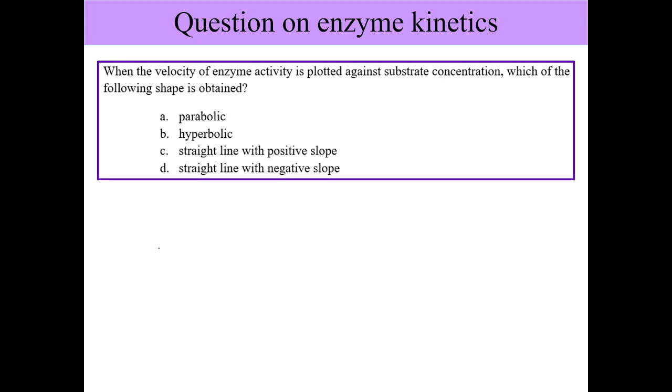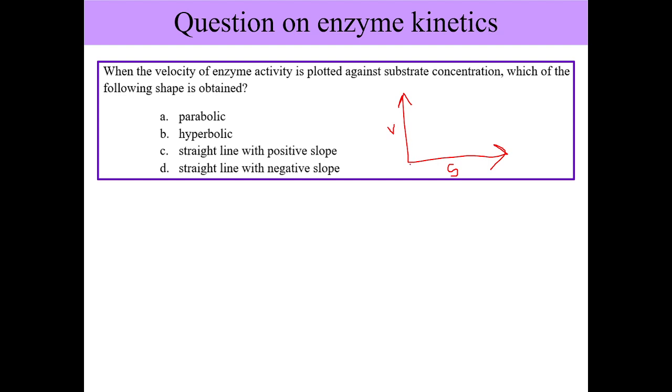Fine. So for the next question, we will see when the velocity of enzyme activity is plotted against substrate concentration, which of the following shapes is obtained? Right. So let's see, this is substrate concentration and this is the velocity of the reaction.